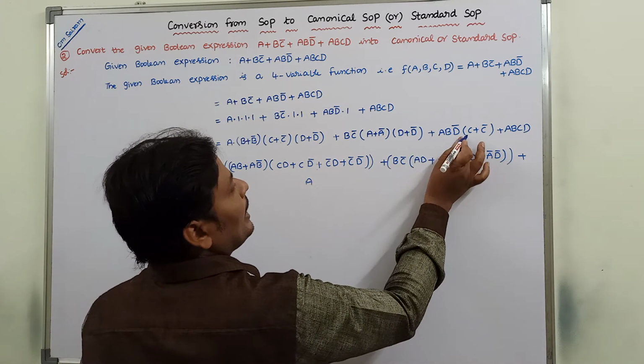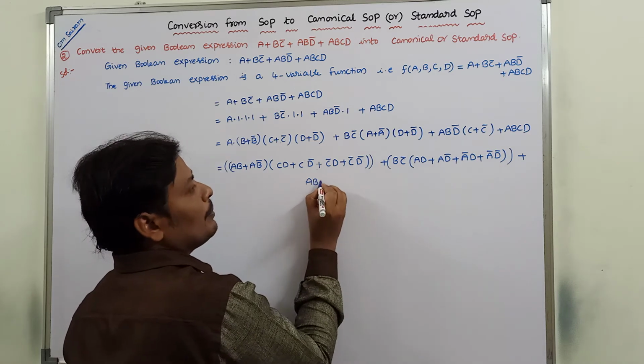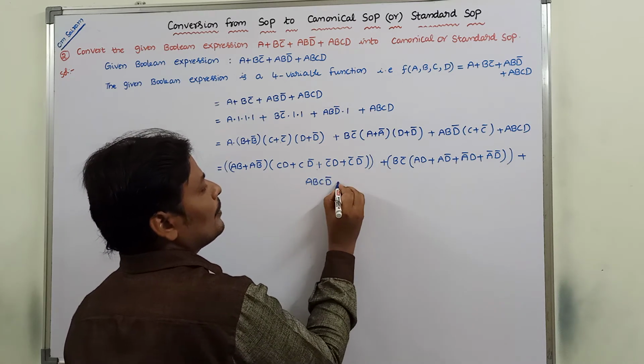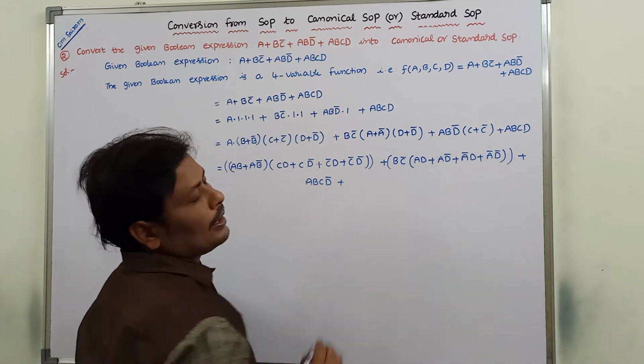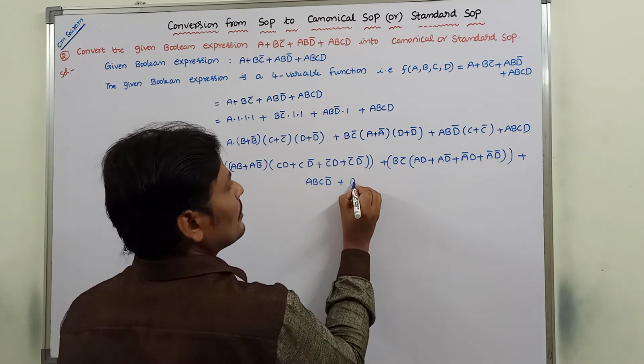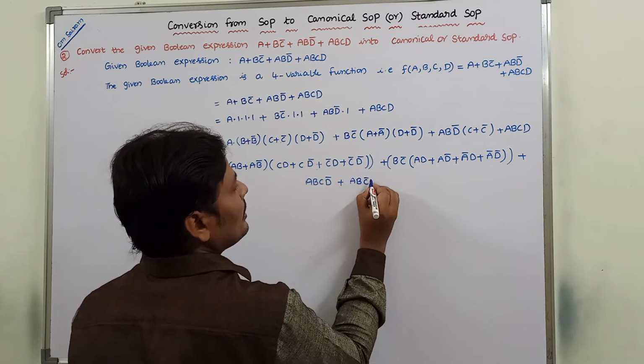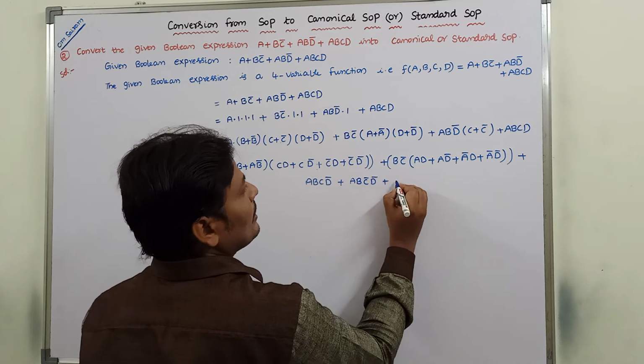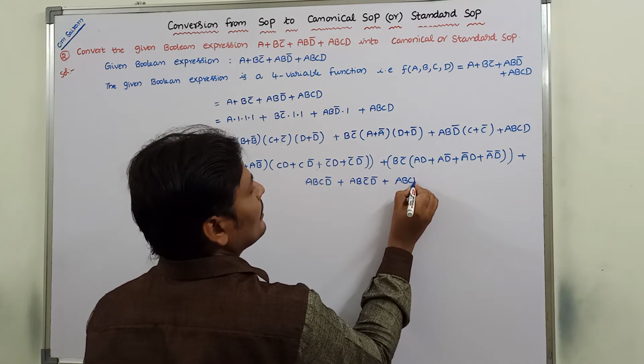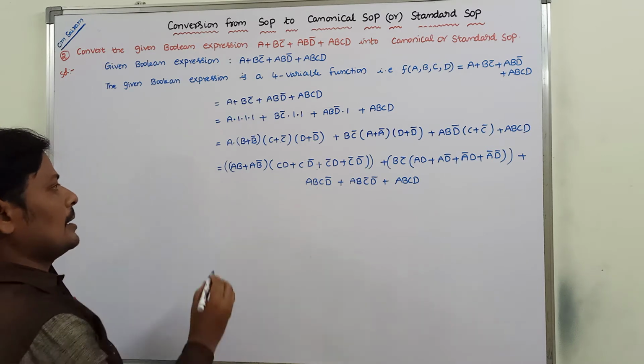Plus abd bar into c, abcd bar, plus abd bar into c bar, so abc bar d bar, plus abcd.